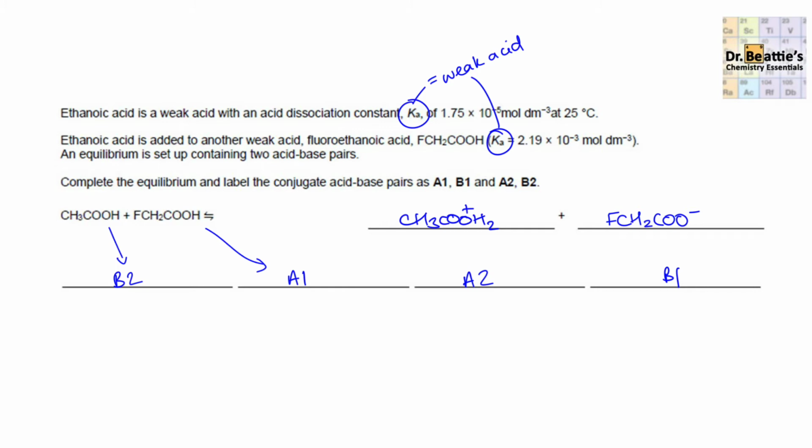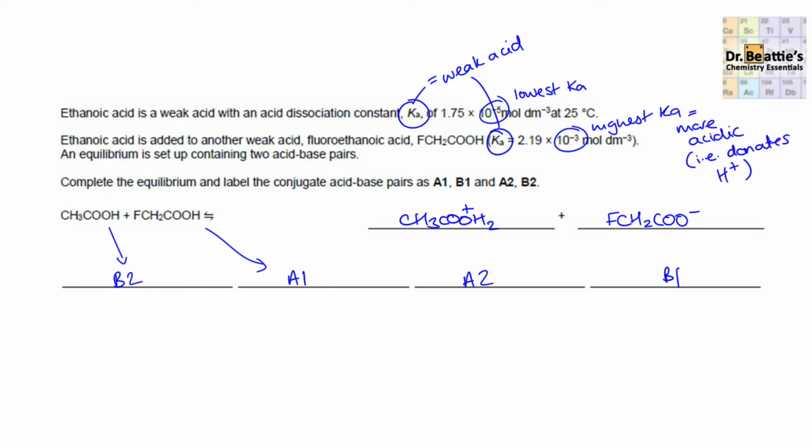What you therefore need to do to work out the conjugate acid-base pairs is find out which one of these is the stronger acid in the presence of the other. And you can see here that 1.75 times 10 to the minus 5 is a smaller number than this 10 to the minus 3. With that, we know from previous that the higher the Ka, the more acidic something is.